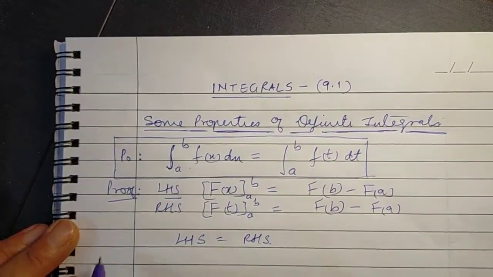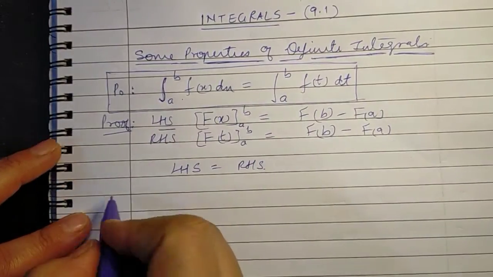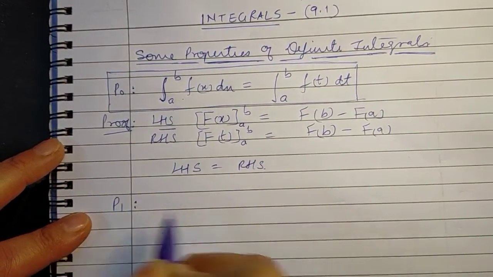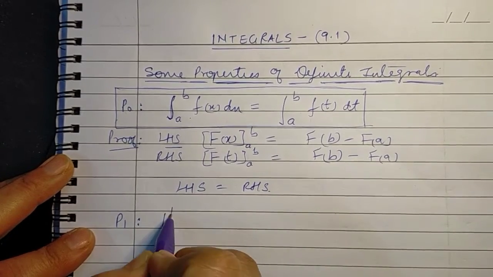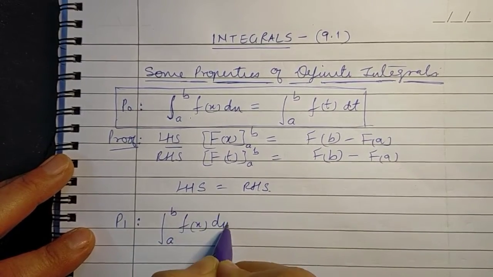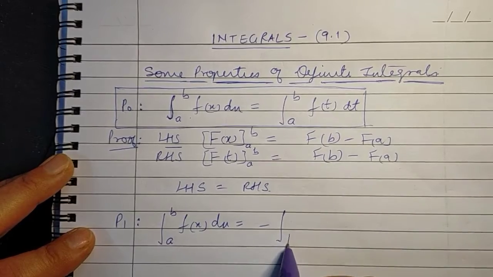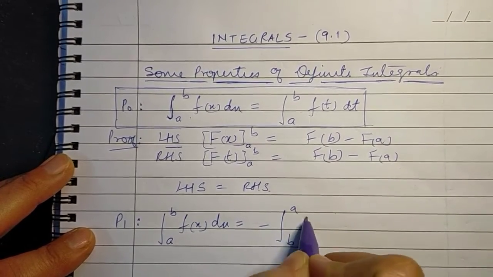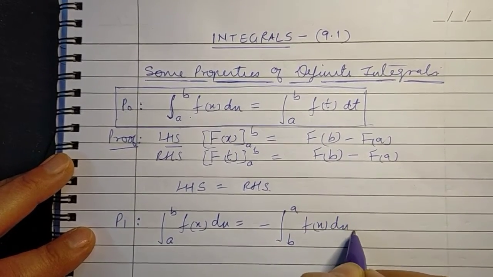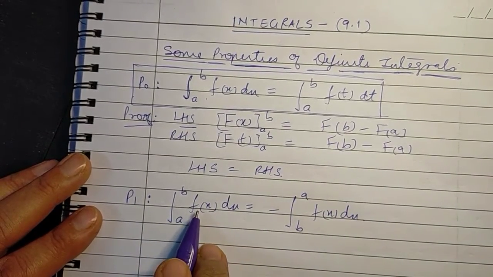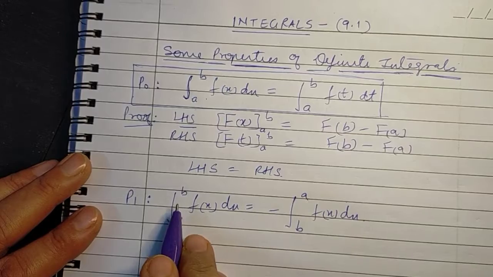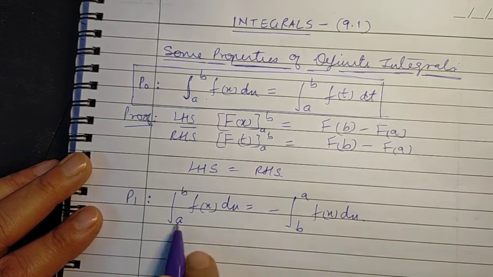Now coming to the next property, we have P1. It says that the integral from a to b of f(x) dx is equal to minus the integral from b to a of f(x) dx. What does this mean? The function is the same, the variable of integration is also the same.